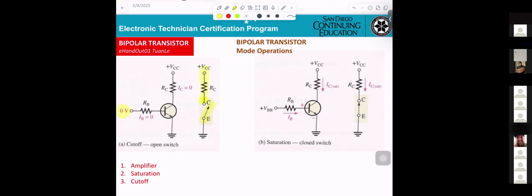This is saturation. Let's see, like a closed switch. Okay. That means they don't have any gain, anything. They just try to connect collector to emitter. Okay. Or they could be open collector to the emitter. Okay. That means either cutoff or saturation.